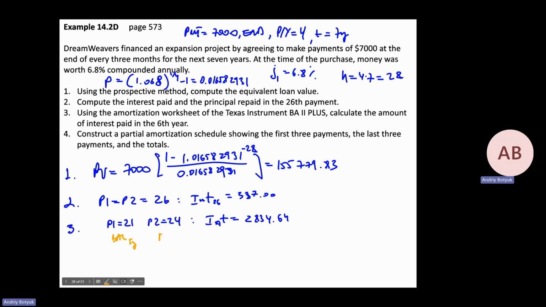We need to know the balance after the 6th year, right? Actually, I would rather do this. I can put minus. Yes, so that's the amount of principal that will be paid.